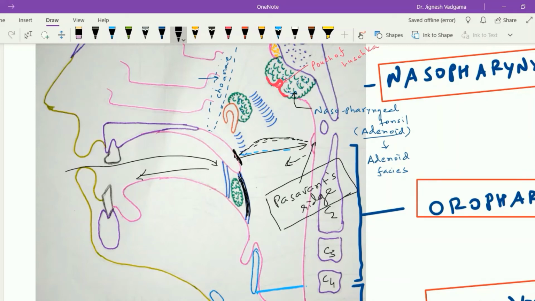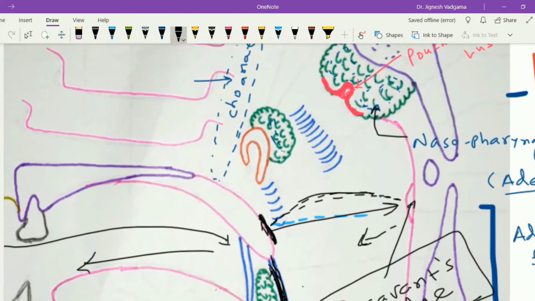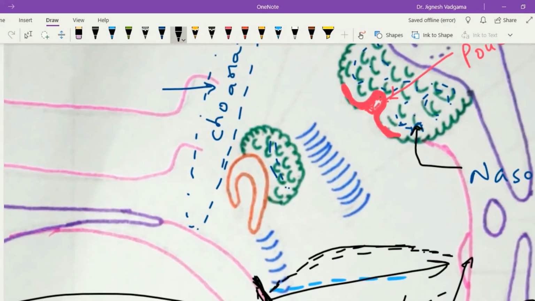Now when we see the lateral wall of the nasopharynx, it presents on each side and has very important features within it. Within this lateral wall, we can see the pharyngeal opening of the auditory tube, which is roughly triangular in shape.